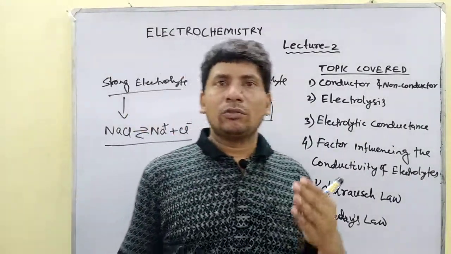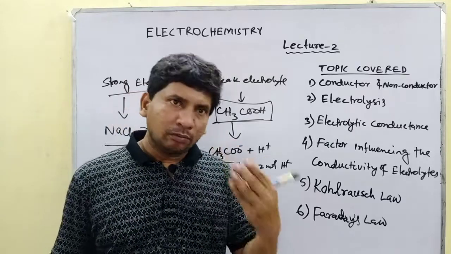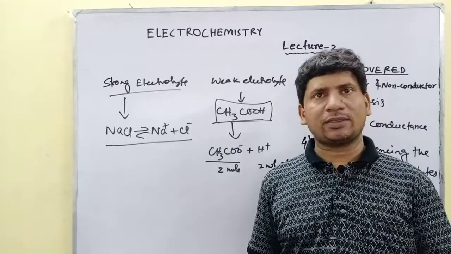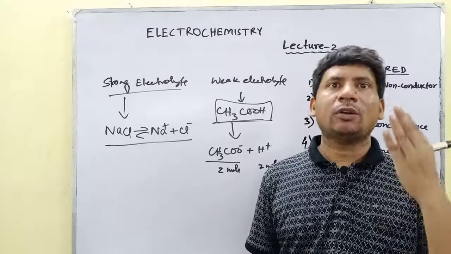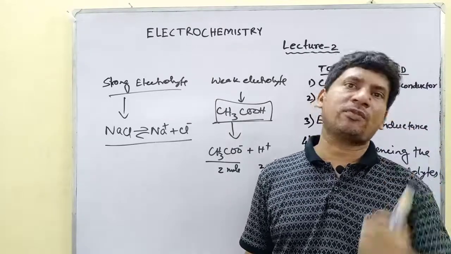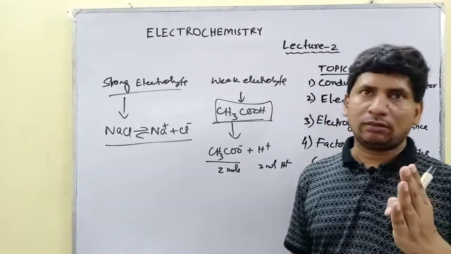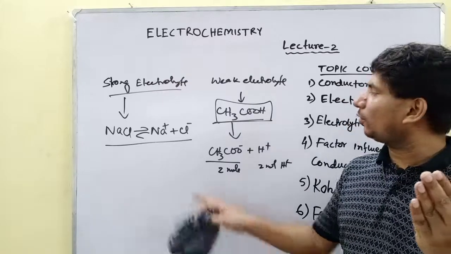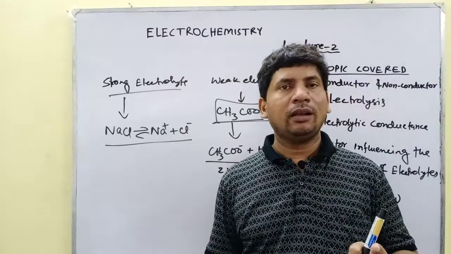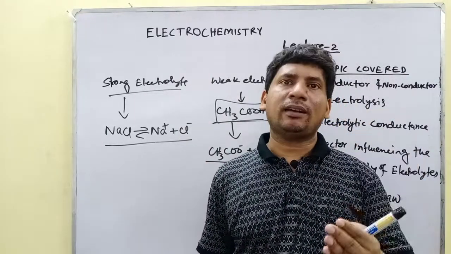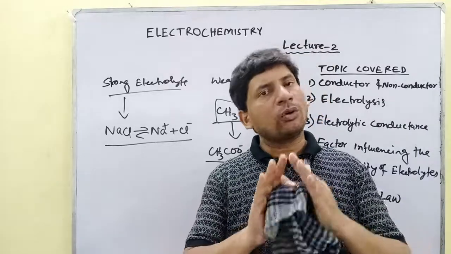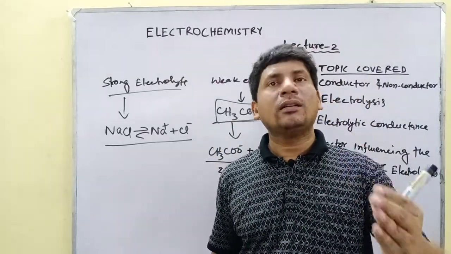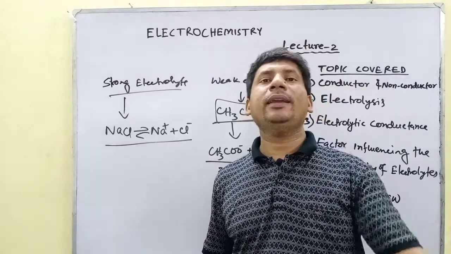A metallic conductor conducts electricity by electrons, which means the flow of electricity takes place without the decomposition of the substance. But for electrolytic conduction, the flow of electricity takes place by the chemical change of the electrolyte. For a metallic conductor, no transfer of matter takes place; the substance remains in the same position, but electrons flow and carry electricity.